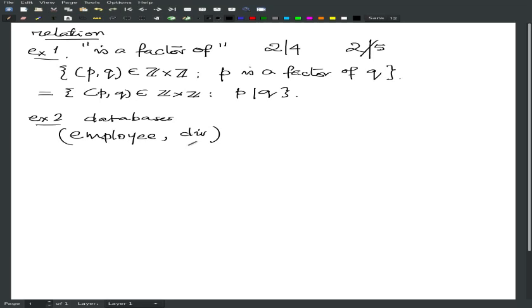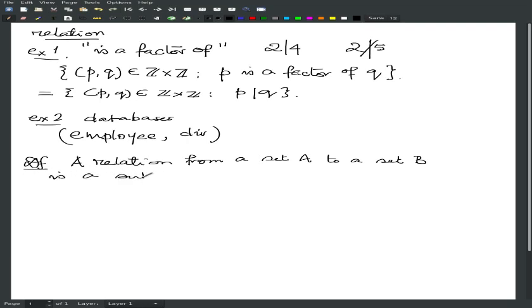So the formal representation here when we are doing sets is this: a relation from a set A to a set B, or we also sometimes say between A and B, is a subset of A cross B. So the relation is completely determined by this subset.